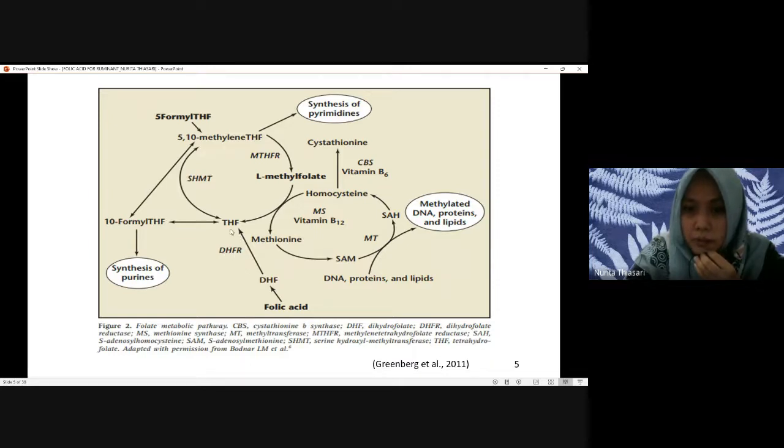It will become tetrahydrofolate, and then it will become 5,10-methylene tetrahydrofolate and L-methylfolate, and then it will go into this cycle to become methionine with the addition of vitamin B12.